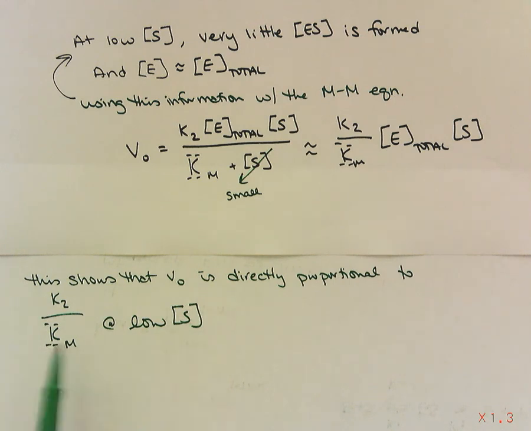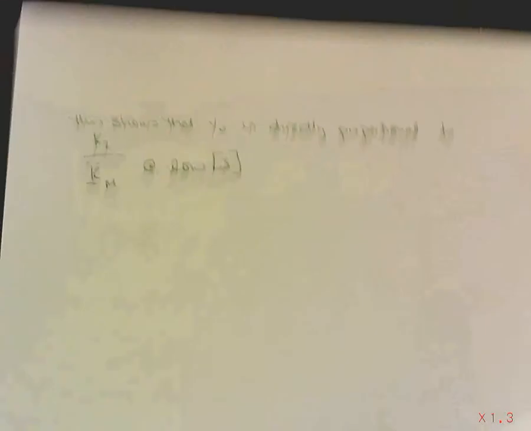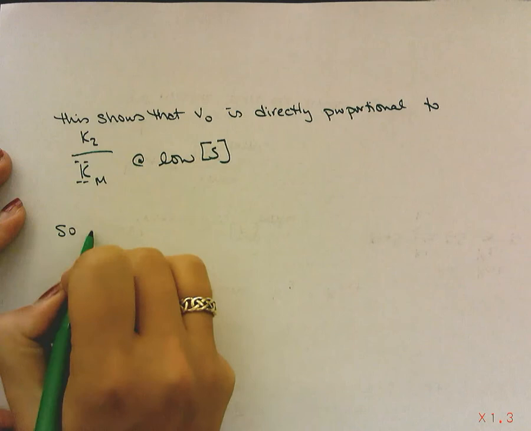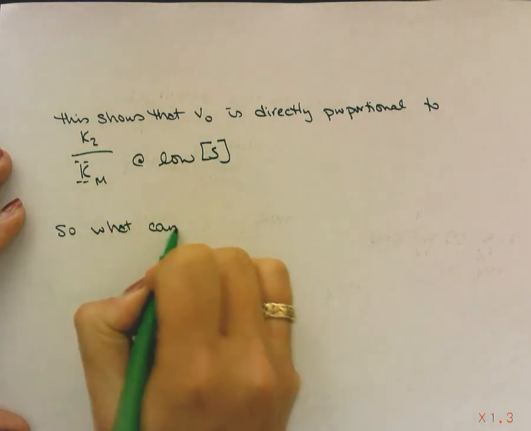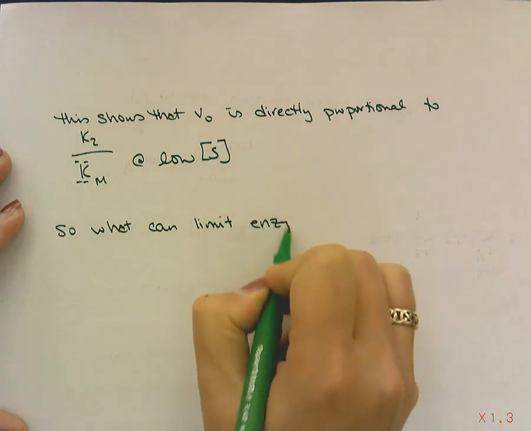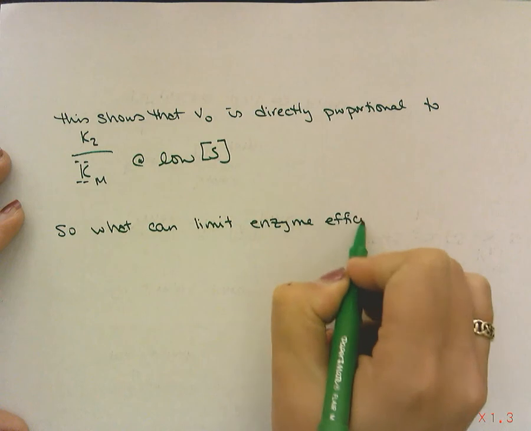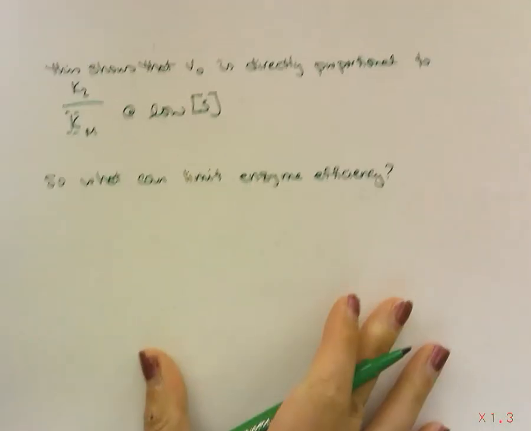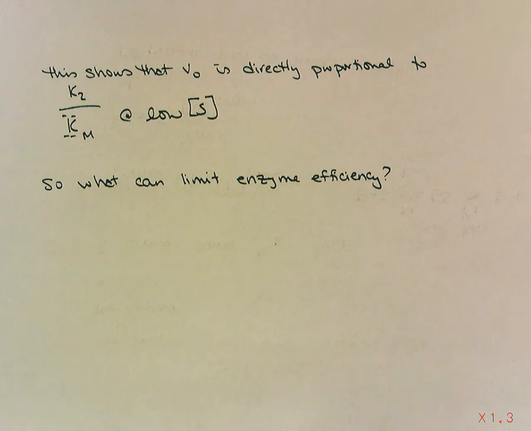If you don't have a lot of substrate, how efficient is it still at making the product? So we're kind of at the end of the reaction, where before we were looking at excess substrate, which is a better measure of its efficiency. So what are some things that could limit this enzyme efficiency?